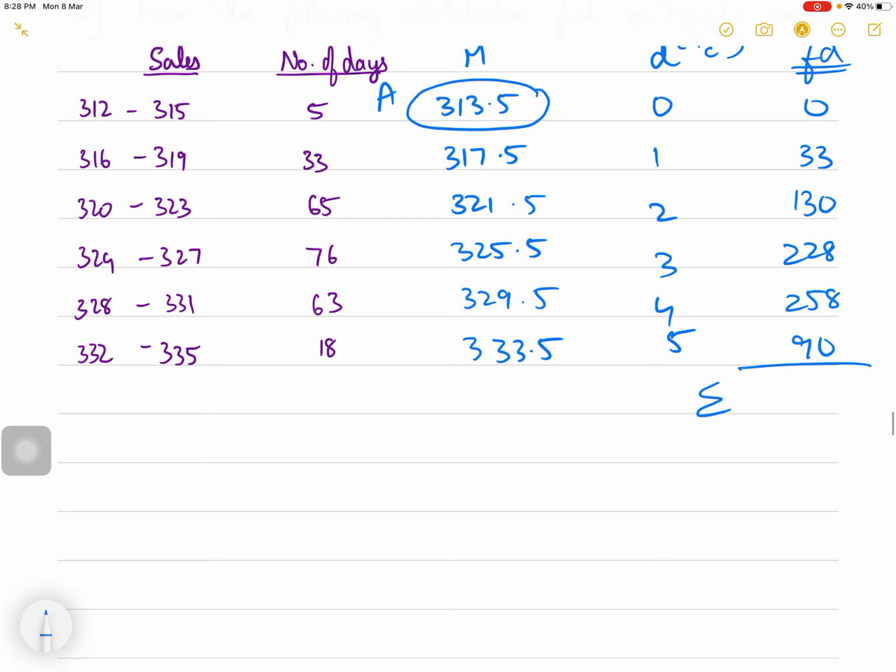Now summation FD. Let's total this, and we need to total this also. So when you total it, you get here 260 and here 733.